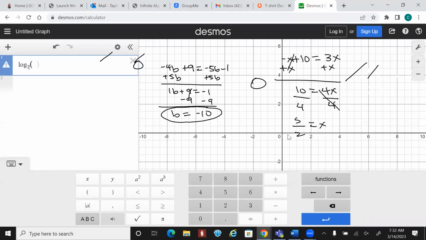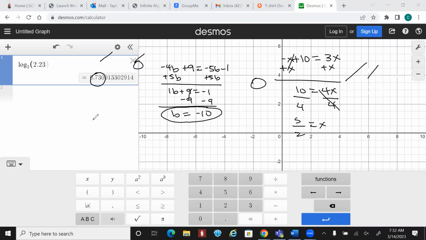You're going to type, I think it's 2, right? 3. And then it's like 2.23, 2 point. Okay, that's right. So we're going to get 0.730, which is option D.